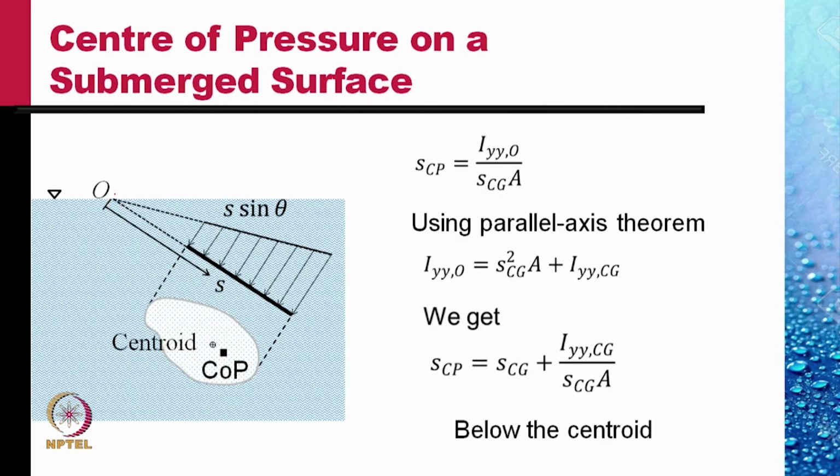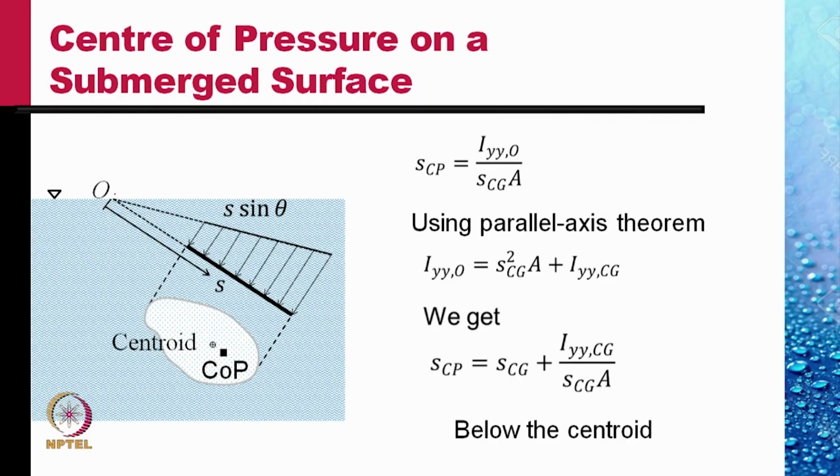The parallel axis theorem says the second moment of area about any arbitrary point O is equal to the distance of that point O from the centroid squared, SCG squared, times the area of the plate, plus the second moment of area about the centroid. Second moment of area about the centroid is the property of the area.